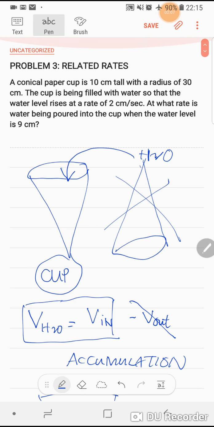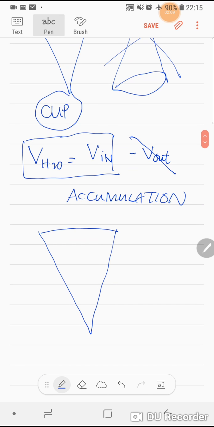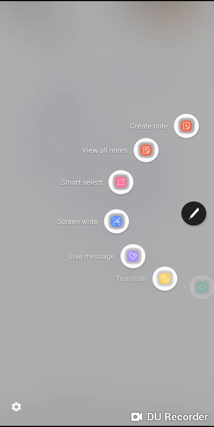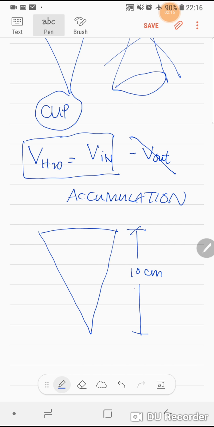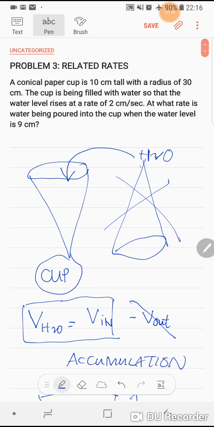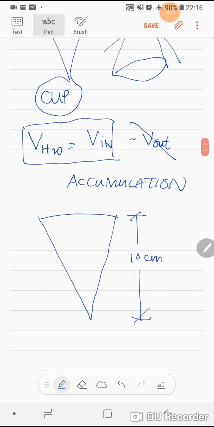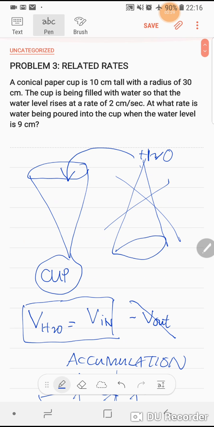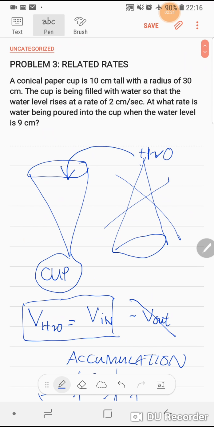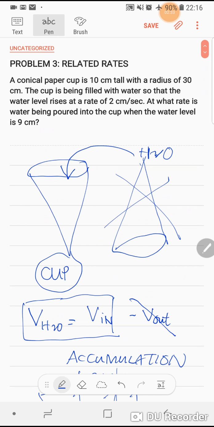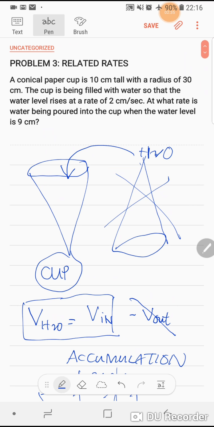So we know that it is 10 centimeters tall, and its radius is obviously 30 centimeters. So we know that the water level rises at a rate of 2 centimeters per second.